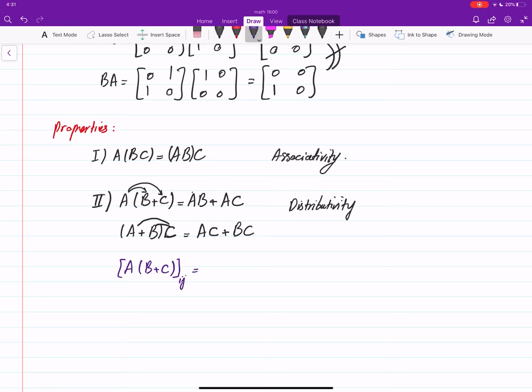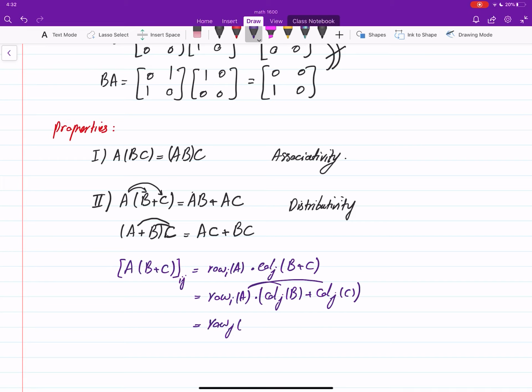You know that the ij entry of the product is row i of A dot product with column j of B plus C. But column j is the same as column j of B added to column j of C, and we know that dot product and sum of vectors work nicely together. It is distributive.